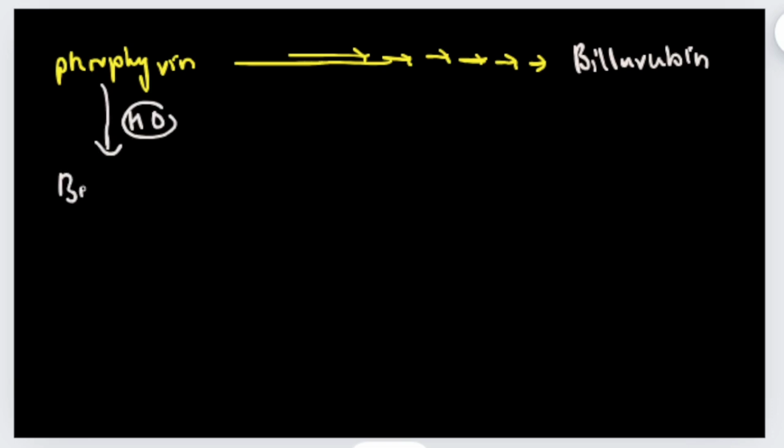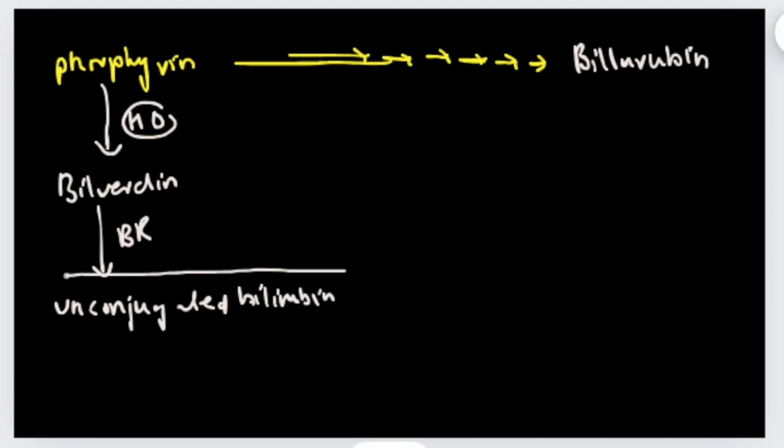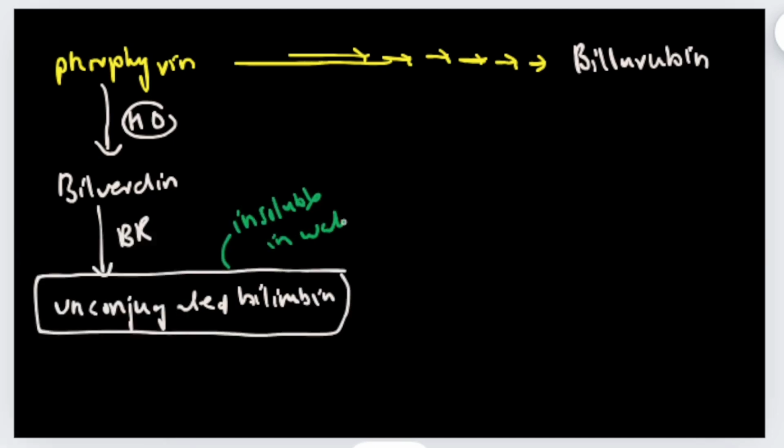First, heme oxygenase acts on it and converts it into biliverdin, and after that biliverdin reductase acts on it and forms unconjugated bilirubin. So this is unconjugated, and unconjugated bilirubin is insoluble in water or in blood.